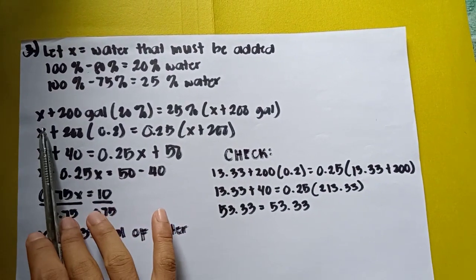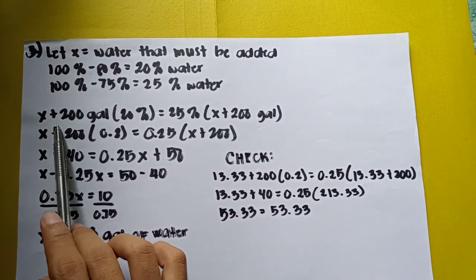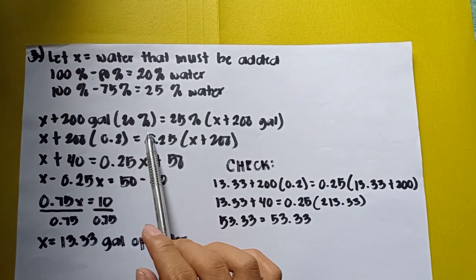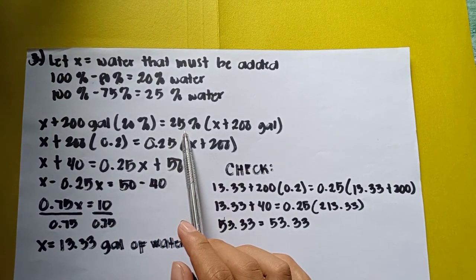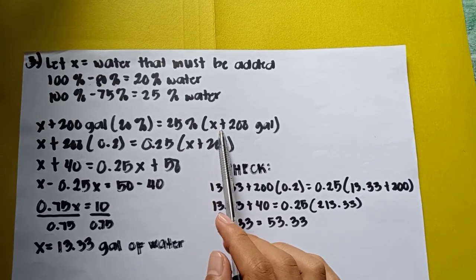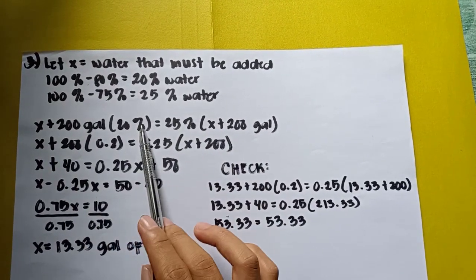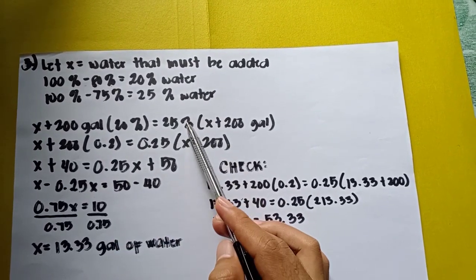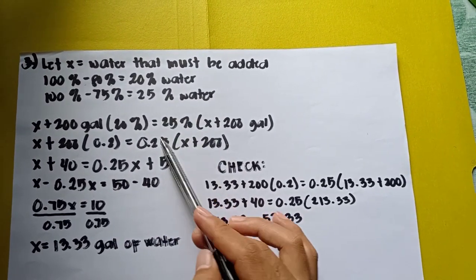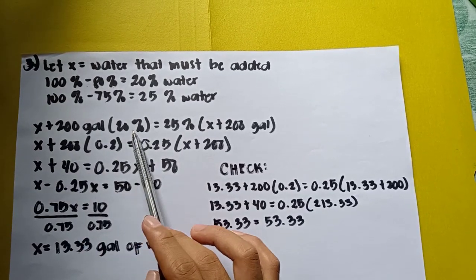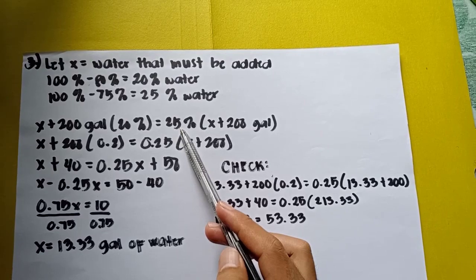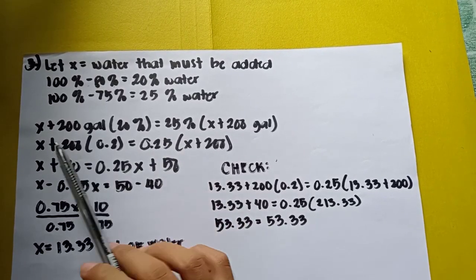Now our formula: (X + 200) gallons times 20% equals 25% times (X + 200) gallons. So again, we will change the percents into decimals. So 20% is 0.2, and then 25% is 0.25.